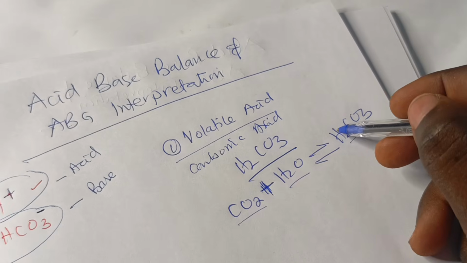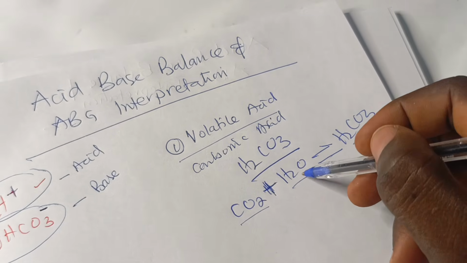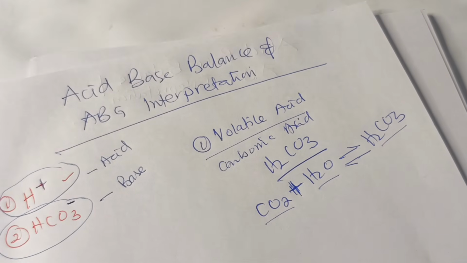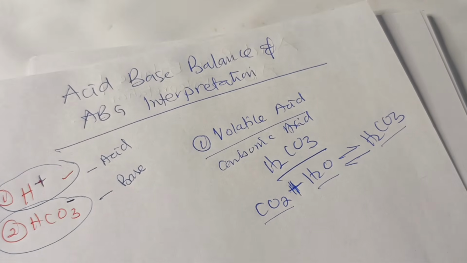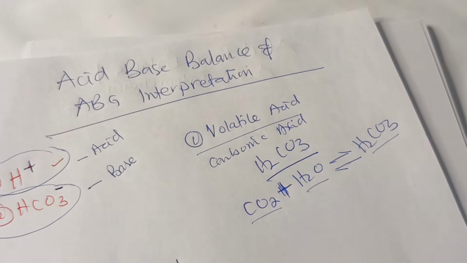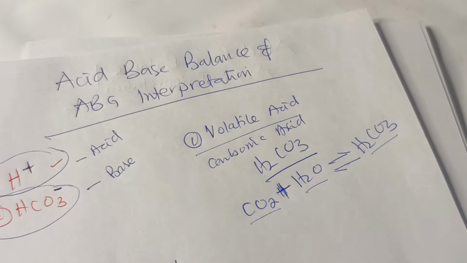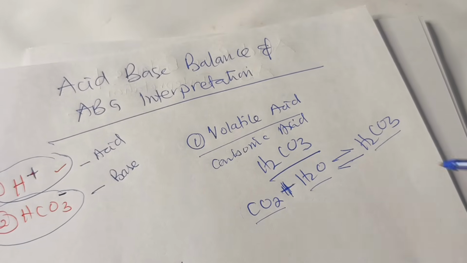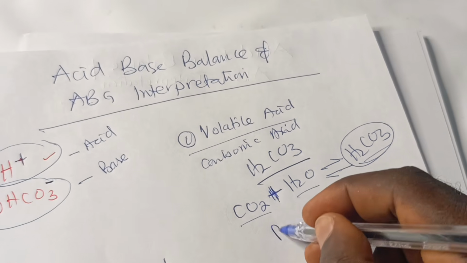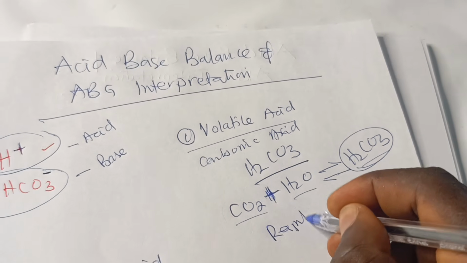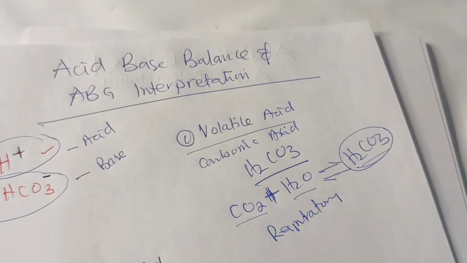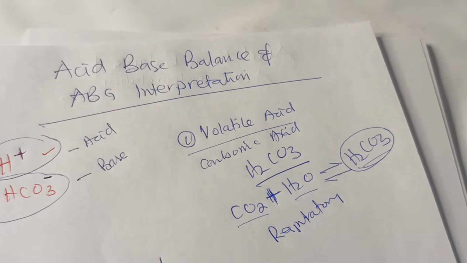It can dissociate back into carbon dioxide and water. So when we breathe out carbon dioxide, there's also a water component. Basically, this carbonic acid is eliminated through the respiratory system of the body. The lung takes care of it.